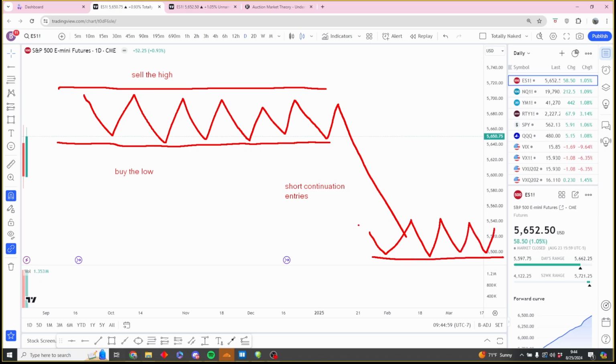So here you want to fade the extremes, and then let's say we break out again. That's when you can look for long continuation entries. It's a very core basic of how I view the market, but once you can identify the conditions in play, that's when you know, okay, we're in balance, I'm only going to look to fade the extremes.